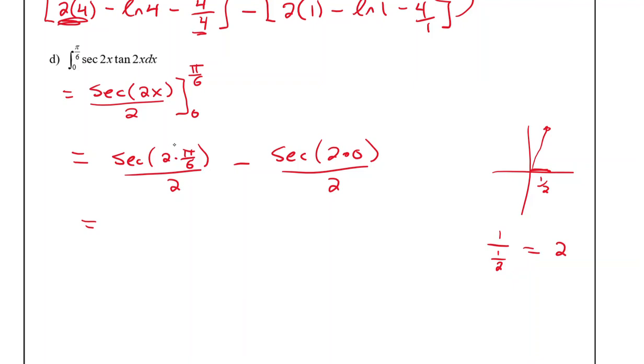So the numerator here is really just 2, so we've got 2 over 2, which is 1. Okay, minus secant of 0, so that's 1 over cos of 0 degrees. And cos of 0 degrees is 1. So our numerator here is really 1, so it's 1 over 2. All right, so this all comes out as 1 over 2.